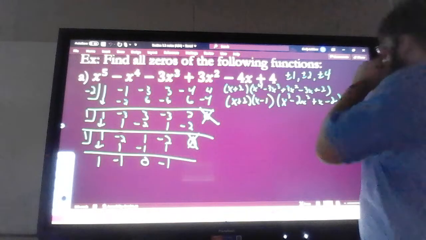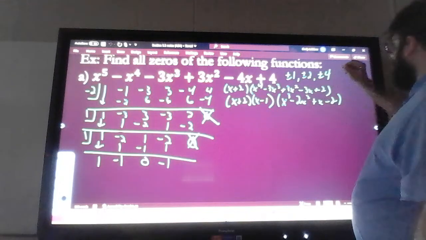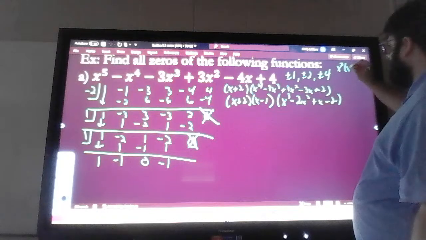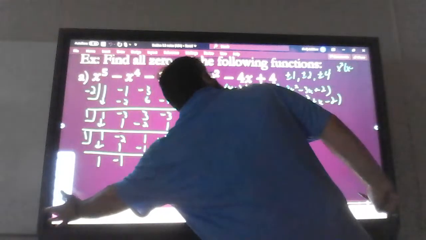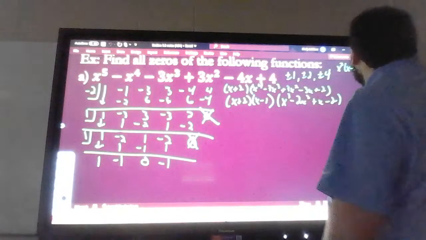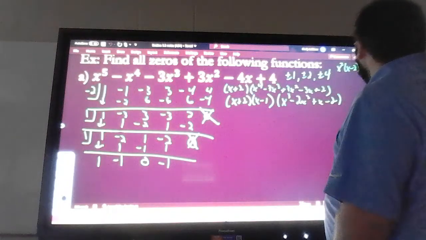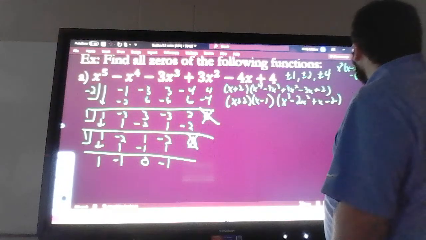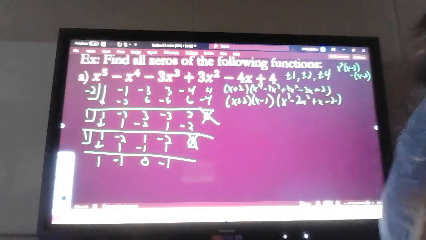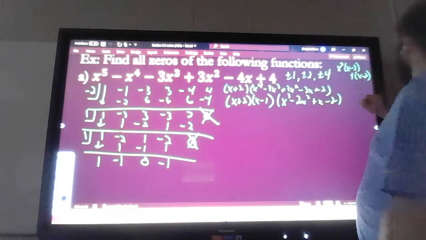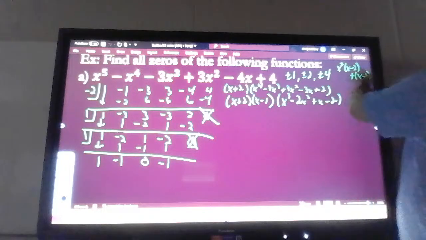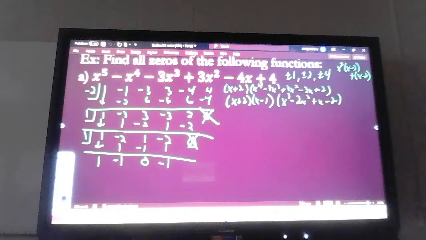Off to the side, I factor out x squared here. That's x minus 2. Sorry, not x minus 1. And then plus x minus 2. Both of these have a common factor of x minus 2, so let's factor it out.